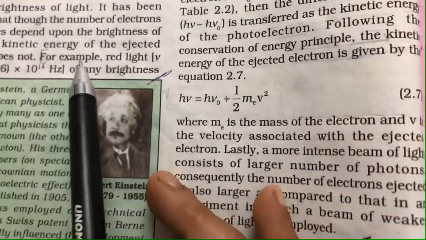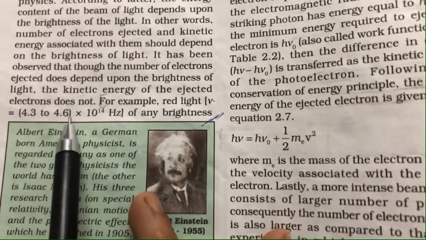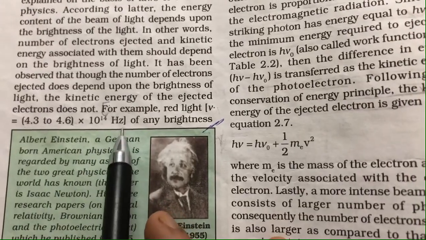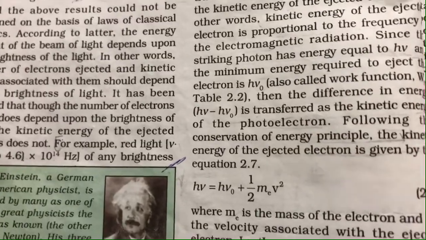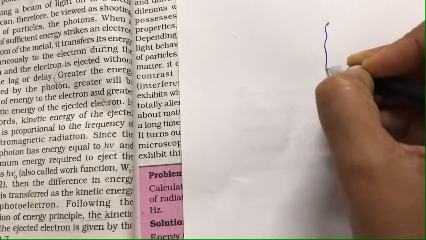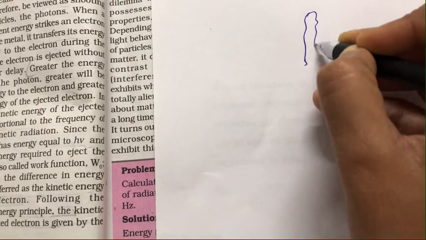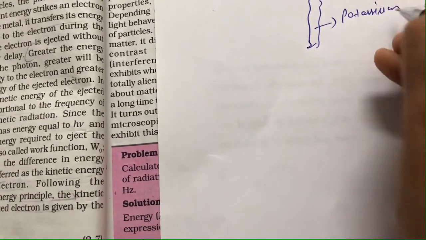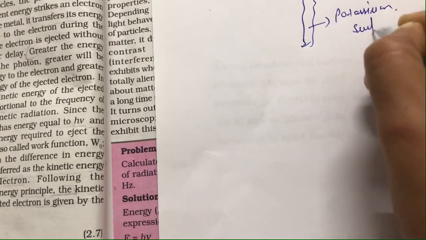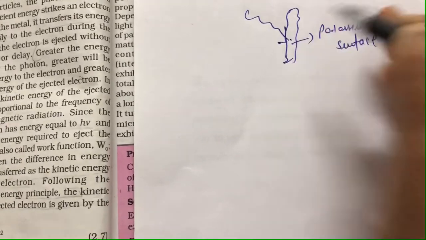For example, we are considering red light. Its frequency is 4.3 to 4.6 into 10 raised to power 14 hertz. Clear? If we are making this radiation incident on a metal surface, for example a potassium surface, and now a red light is incident on its surface.